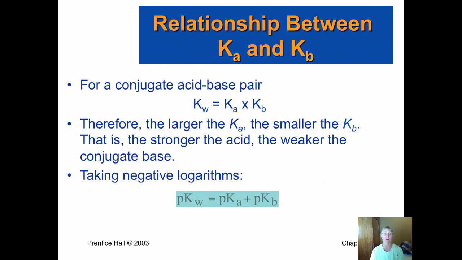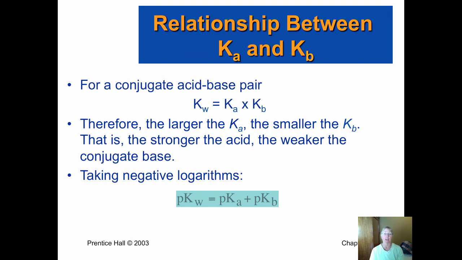So if you substitute in the value for the Ka of NH4+ and the Kb for NH3, you would find that you simply have 1 times 10 to the negative 14 equals the Ka times the Kb.